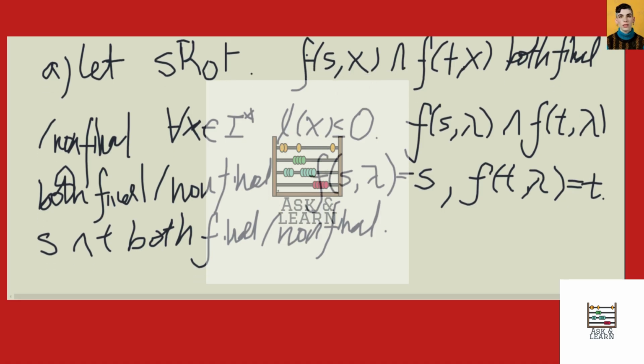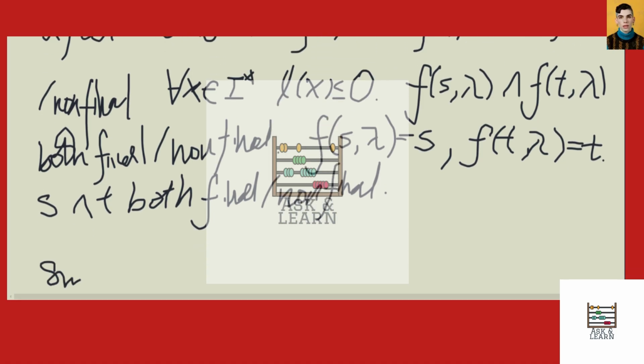Now, that was one direction. We want to prove the other direction. So let's suppose that S and T are both final states or neither are final states.